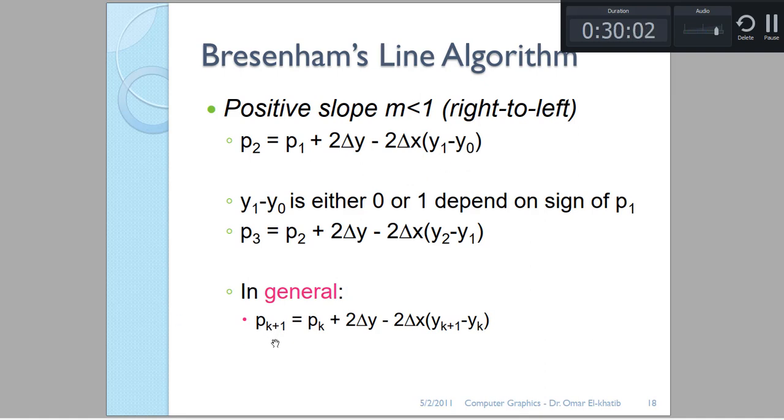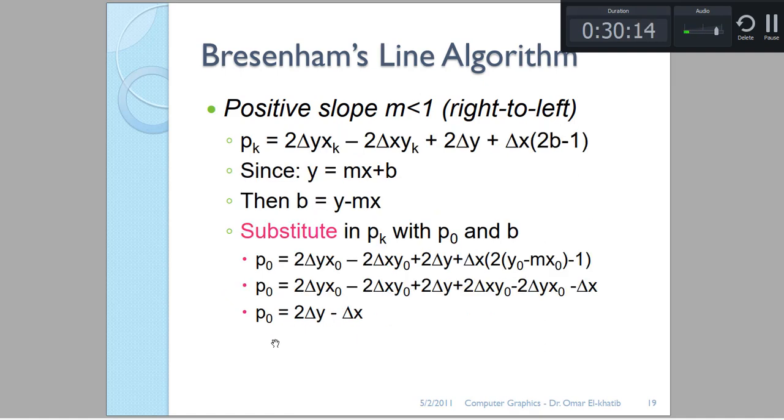So we have a point, which we call p, and this point will tell us what we should do with x and y values. At the end we find something known as p0, which is the starting point from which we start.